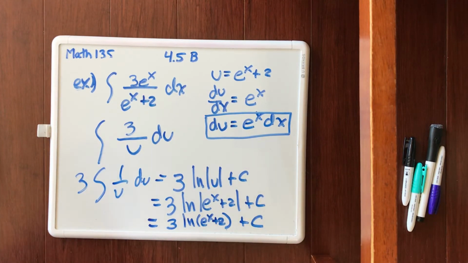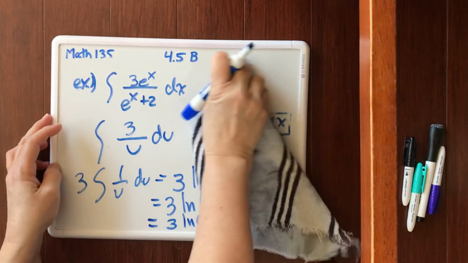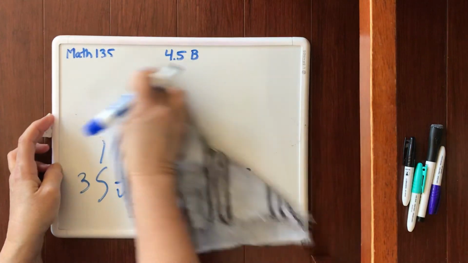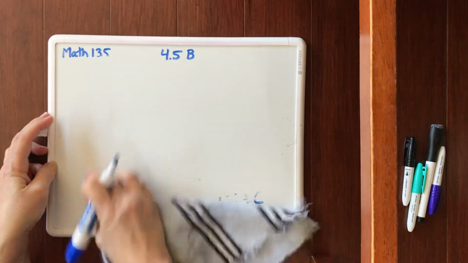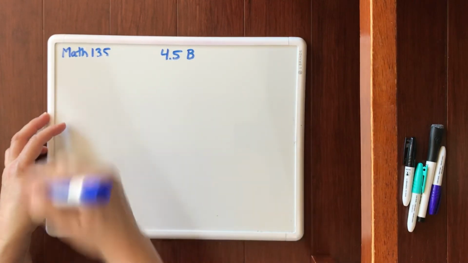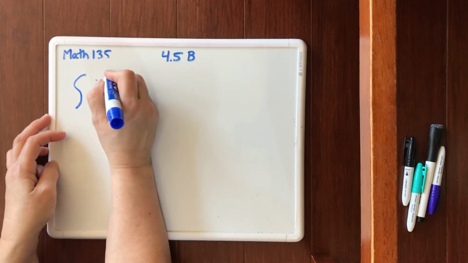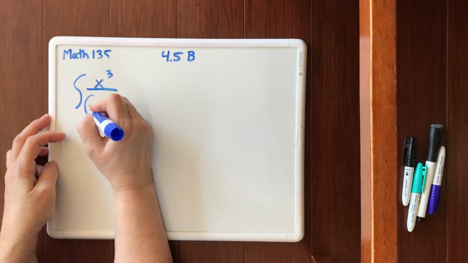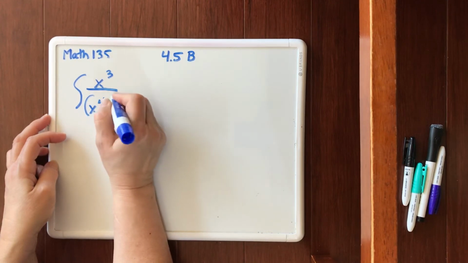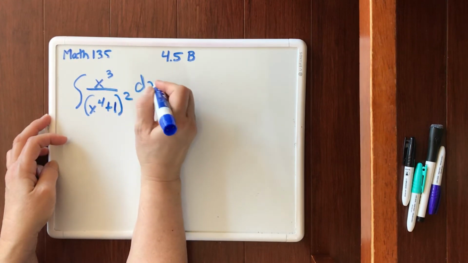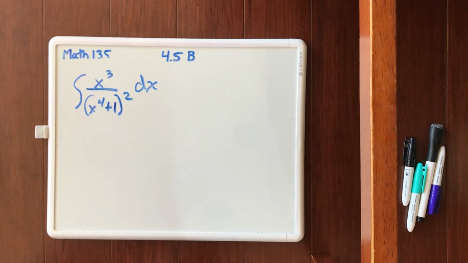Okay, let's do one more, our last one. All right, last one. We have x cubed over (x to the 4th plus 1) squared dx. So take a guess. What do you want your u to be?